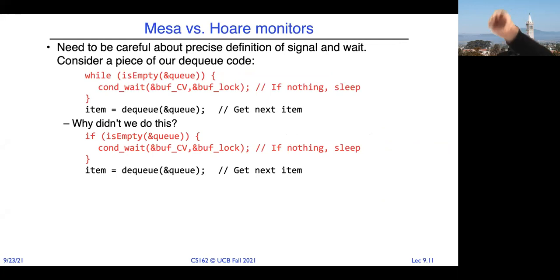Now, I think this was a question last time. I don't remember who asked it. It was a great question, in the context of test and set, about why you use while and not if. It's a similar thing here, and we'll explain why and what the difference is.